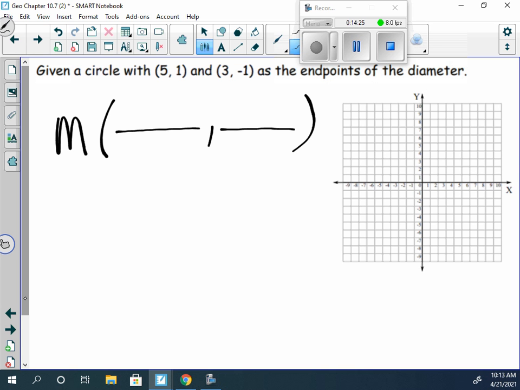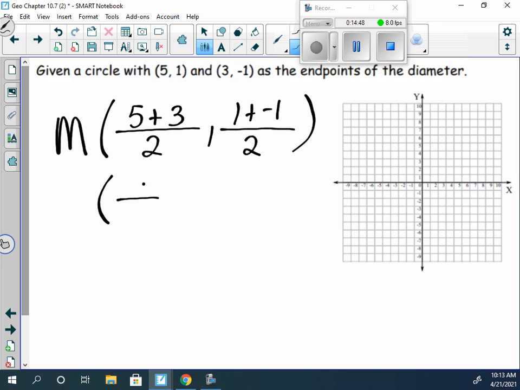Now the first equation we can use to find the center of the circle is our midpoint. So for the midpoint, we would add the two x values together and divide it by 2. And then we can add the two y values together and divide it by 2.